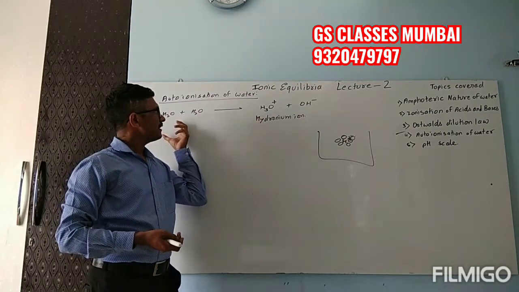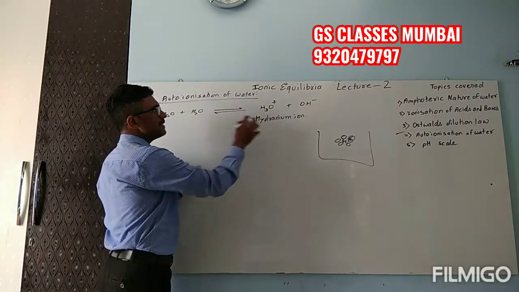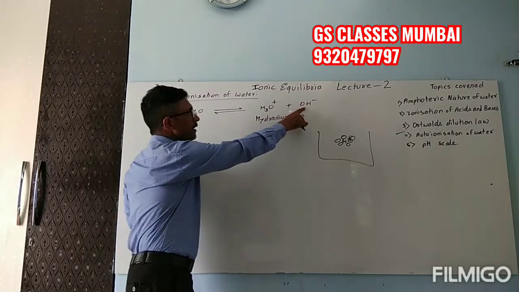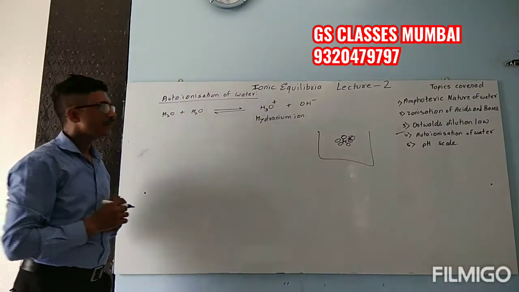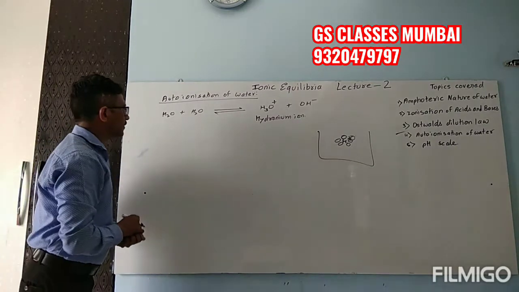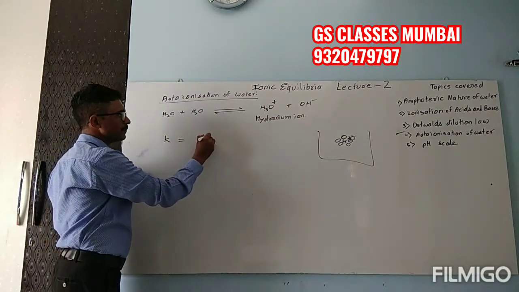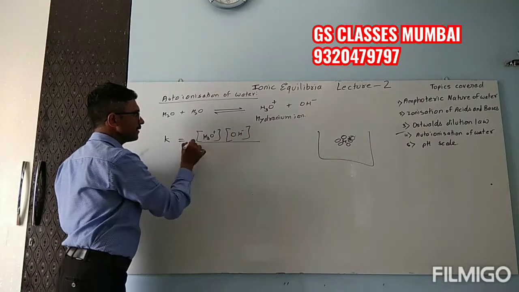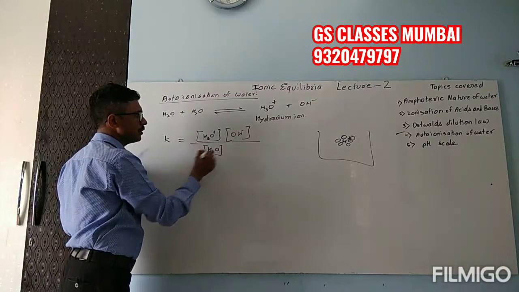This is the splitting, and again the reaction goes back, means hydroxide ion will take H plus ion back, and again we are having 2 molecules of the water. So this is the ionization, and we can now write, children, at the stage of equilibrium, H3O plus times hydroxide ion divided by concentration of the water molecule.